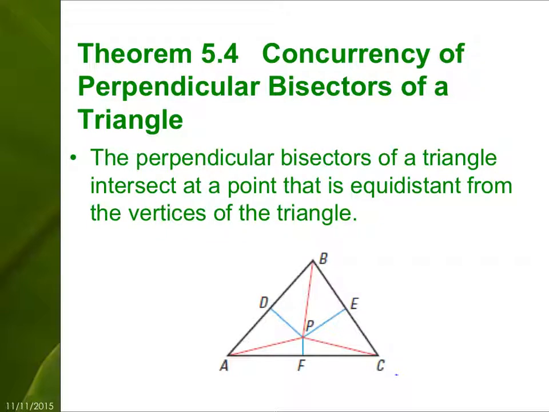So now we're going to use that definition that we just talked about, and we're going to look for the point of concurrency, or where the perpendicular bisectors meet. So the perpendicular bisectors of a triangle are all going to intersect at a point that's going to be equidistant from the vertices of the triangle.